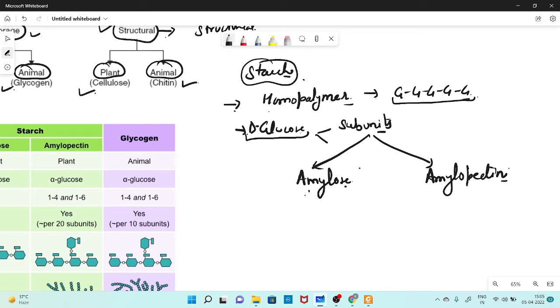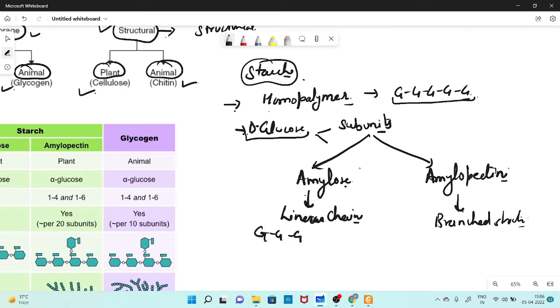Amylose will form only a linear chain structure, whereas amylopectin will form branched structures. The linear chain also has bonding in between.